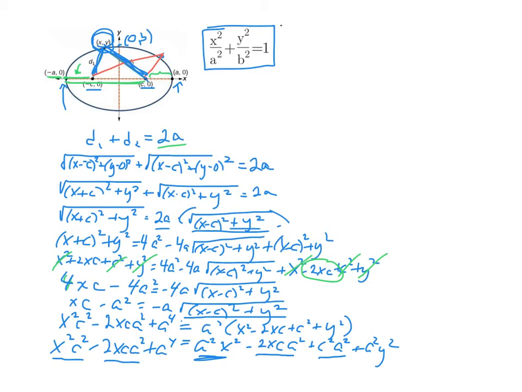Okay, but what goes on the left is our x squared. Oh, shoot, I did it again. I keep seeing that and writing it. But what goes over here is our a to the fourth. And then we have a c squared, a squared. And then, let's see, these two guys are going to cancel.